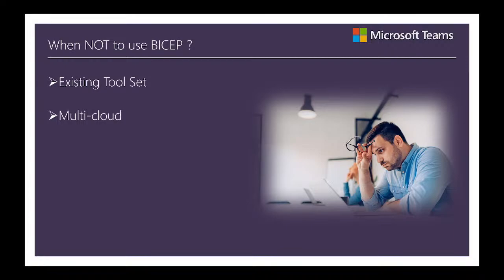Yes, that's multi-cloud. But as a team, I need to know Terraform, maybe, and something else for AWS, something else for Azure. Yeah, in that case, Bicep will not work. Why? Because Bicep is only for Azure. So these are the two cases where Bicep doesn't fit your bill.